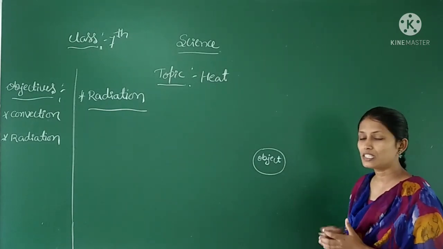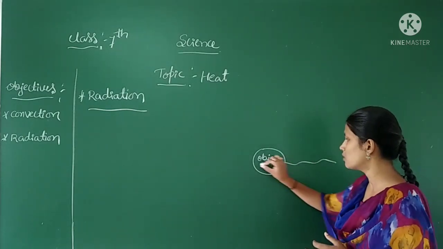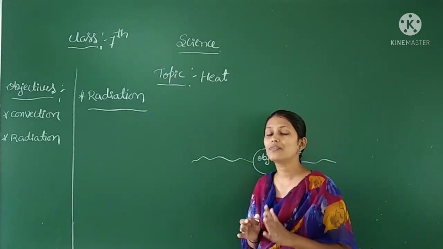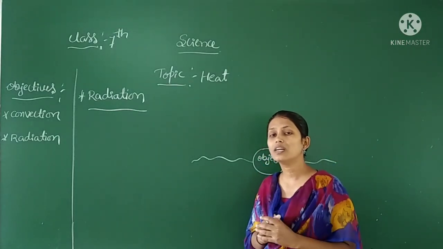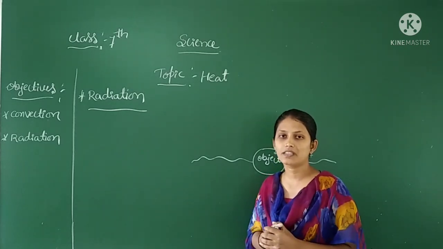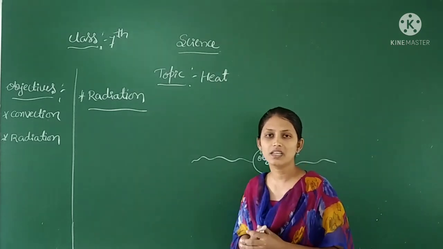Some amount of heat energy is transferred to another object. This is the process of radiation, how heat is transferred from one object to another object. Now let us move on to the next concept.